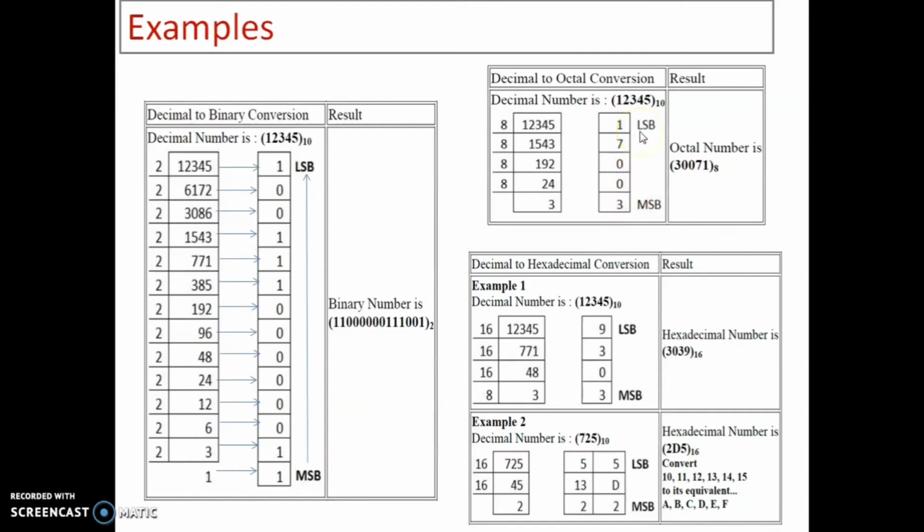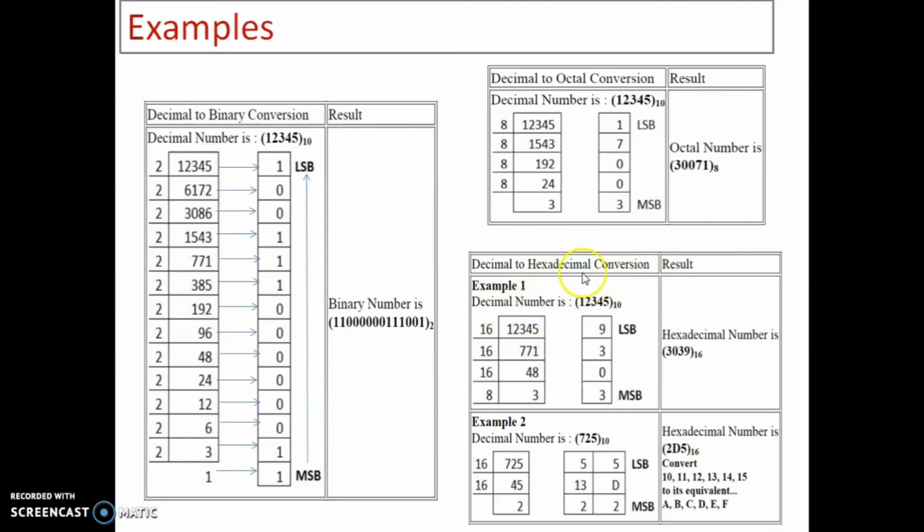And write the numbers from MSB to LSB, that is 30071. So, the octal equivalent of 12,345 is 30071.